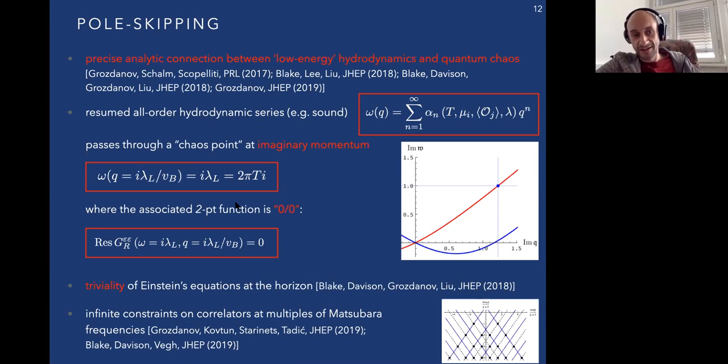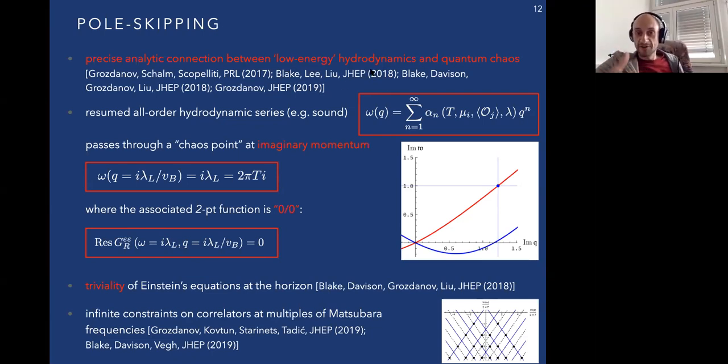The lowest such point for positive imaginary q will give you exactly this pole skipping point, which will enable you to compute the butterfly velocity without actually computing the OTOC, right? Now, the reason for this from the point of view of field theory is not well understood at all, actually. The best understanding we have so far is from this effective theory by Blake, Lee, and Liu.